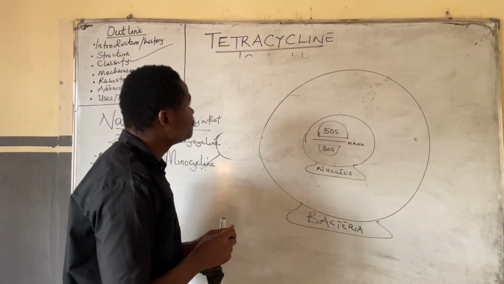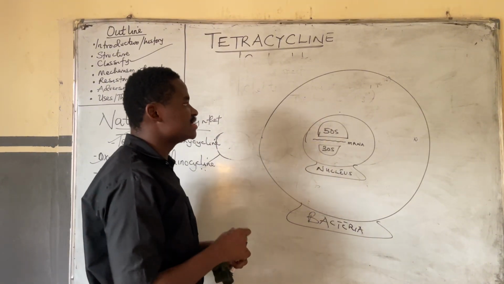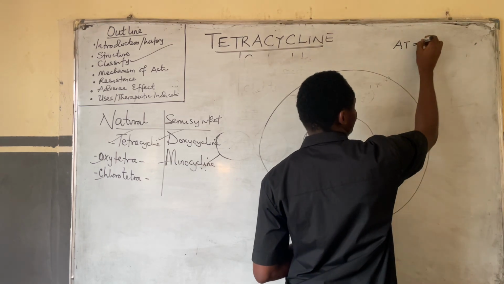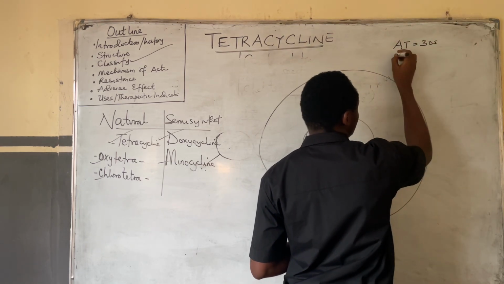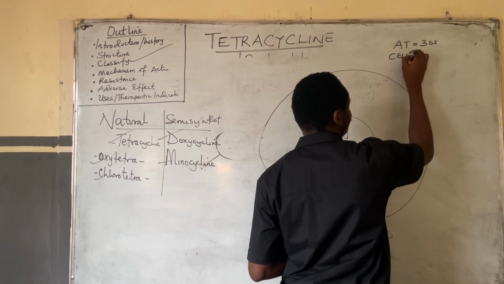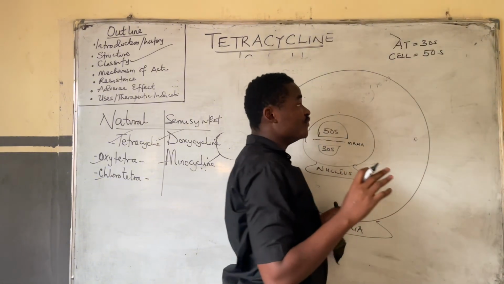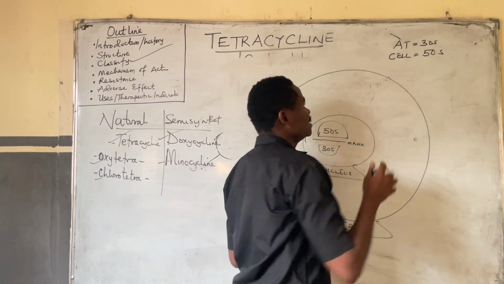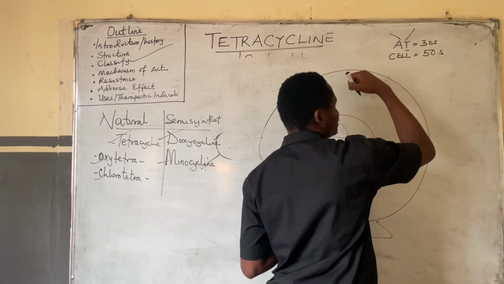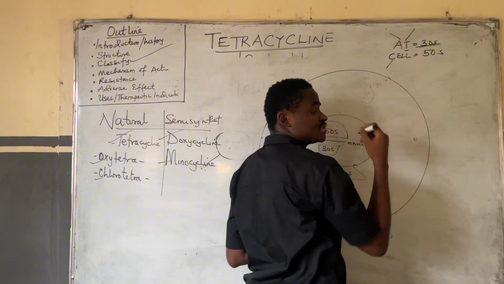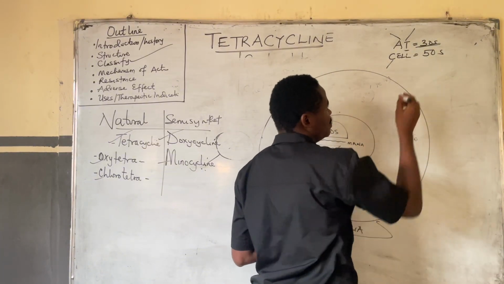Quick thing again: drugs that act on protein synthesis, we remember them with "AT 30S" and "CELL 50S". A was aminoglycoside, which a video has been dedicated to. T was tetracycline, which we are discussing now, and it binds to 30S. C was chloramphenicol.